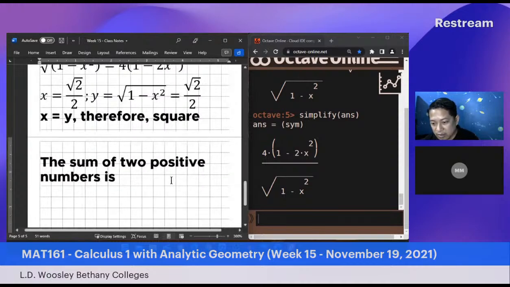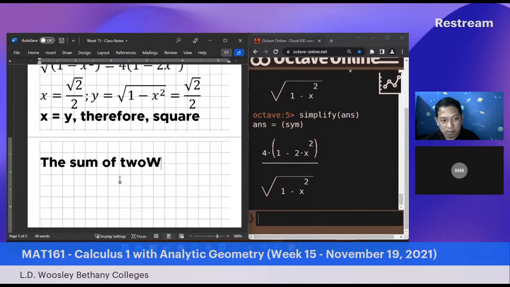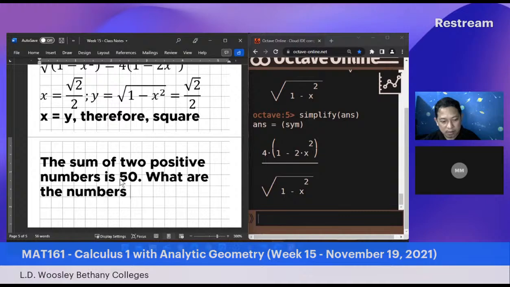Ito yun. The sum of two positive numbers is 50. What are the numbers if their product is to be the largest?